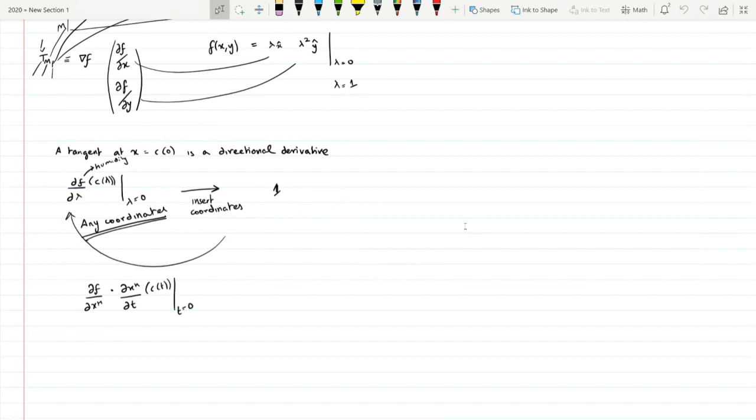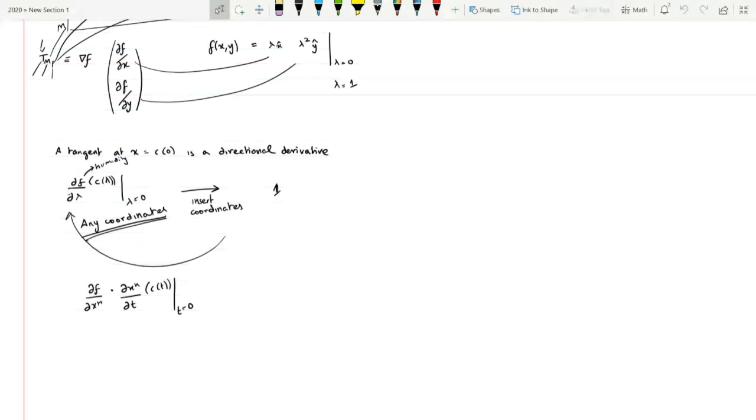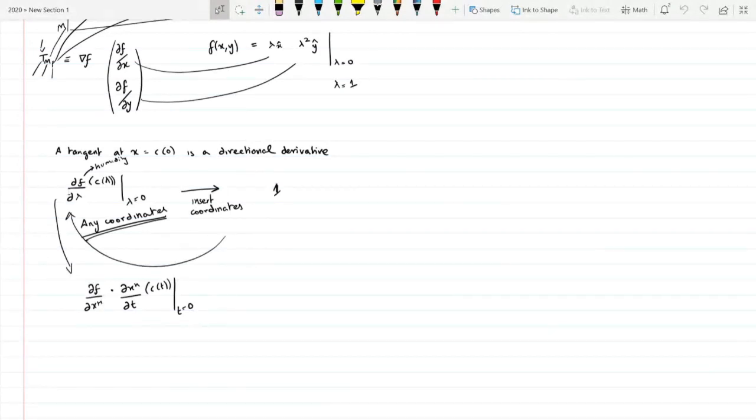Can everyone see what I've done? I've essentially taken the same function that I have up here, and I've inserted the identity. And anytime we insert the identity, this is inserting our coordinate chart or a choice of coordinates. What I've done is I've chosen x mu. And I've just asked how f changes with x mu, and then how x mu changes with t.